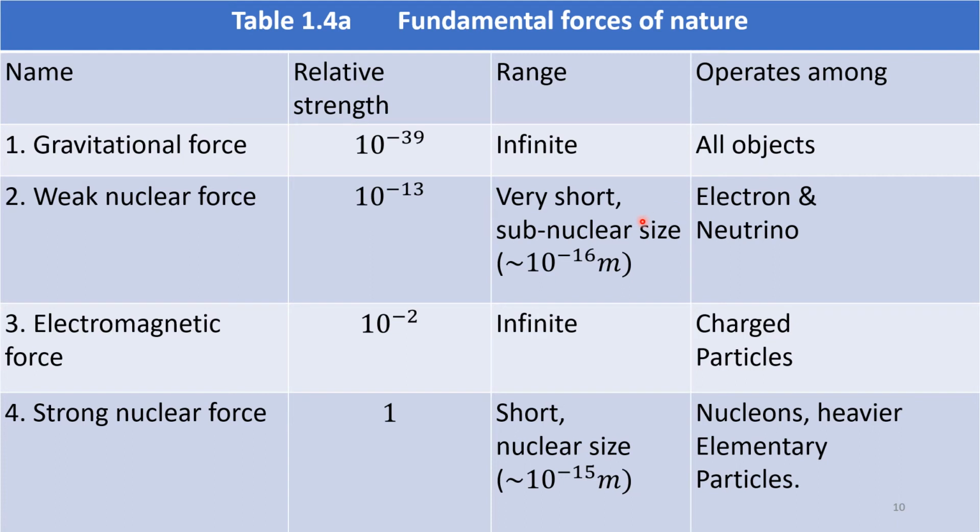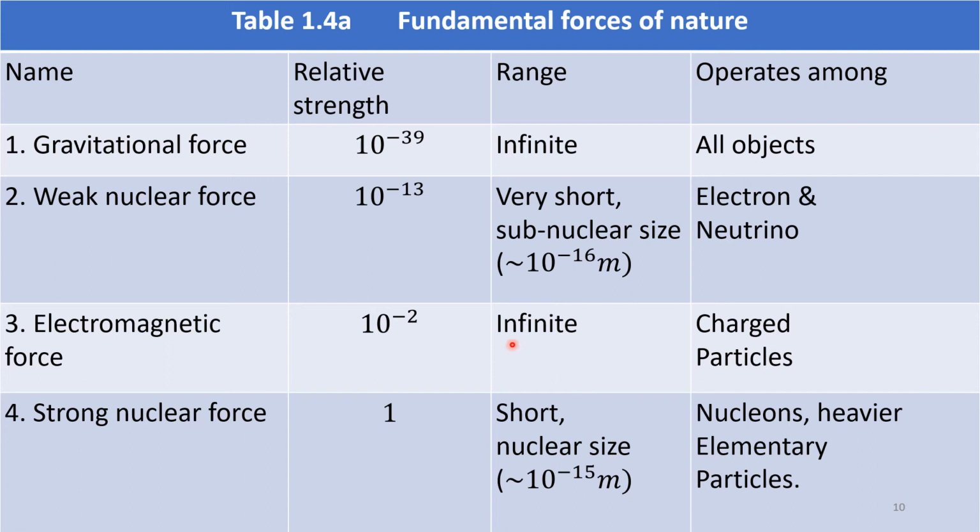And the weak nuclear force range is very short, subnuclear size, approximately equal to 10 to the power of minus 16 meters. It is functional only at a very short distance. It operates between electron and neutrino.